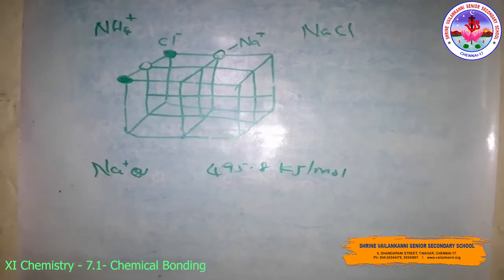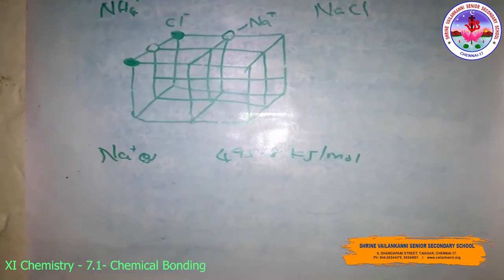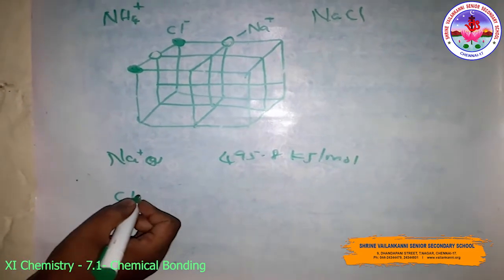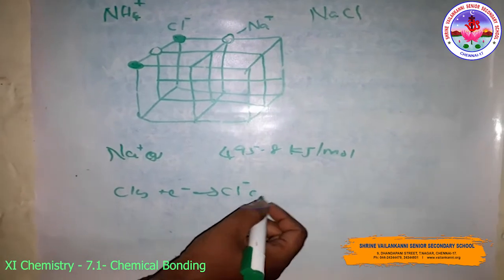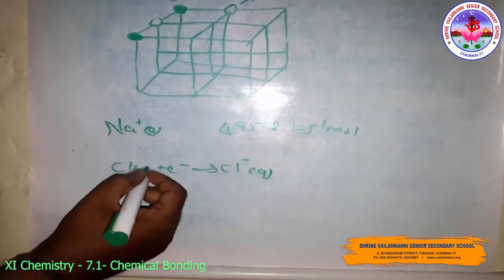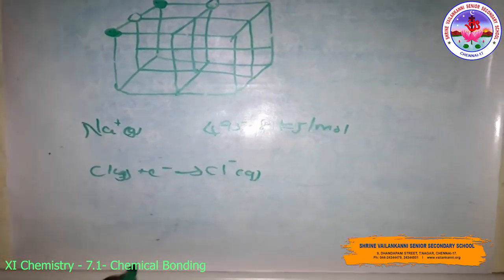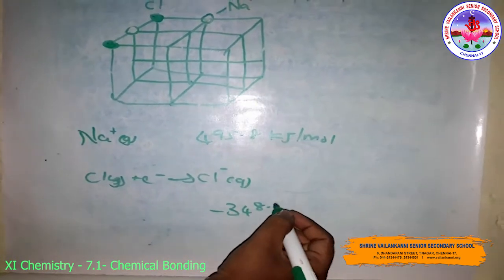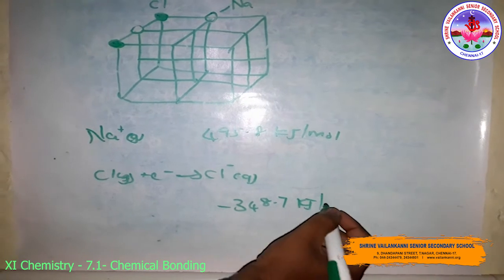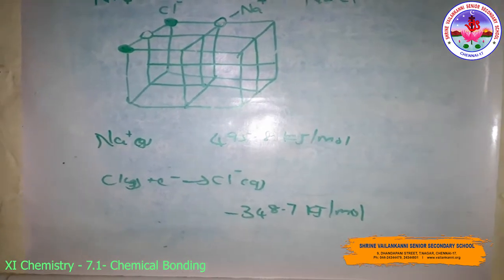Then the electron gain enthalpy for chlorine, Cl gas gaining one electron gives Cl minus gas, is minus 348.7 kilojoule per mole.